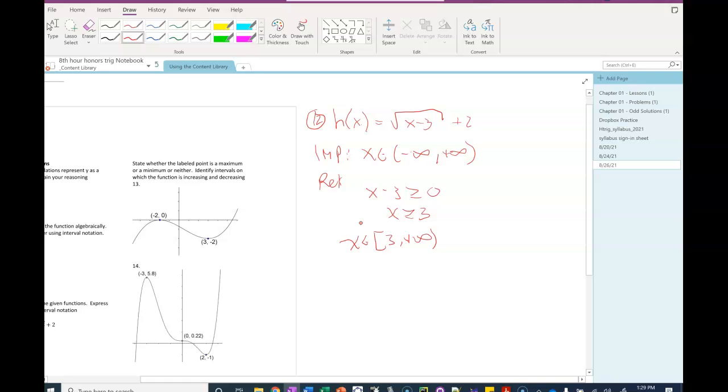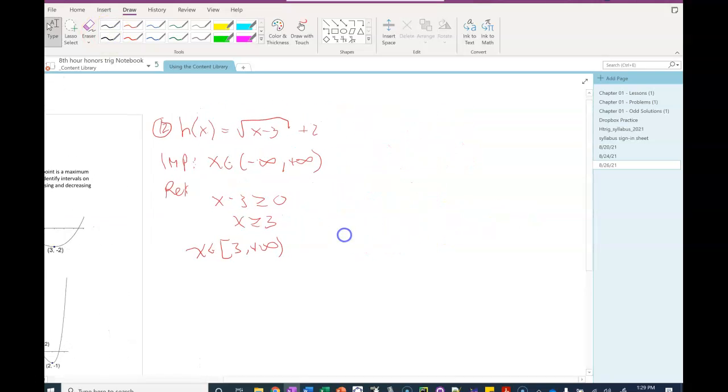Okay there? Next thing I'm going to do is check to see if this function is increasing or decreasing. I should be able to look at the form of this and go, okay, that's just going to be a square root function with a positive coefficient, so it's increasing. If you weren't able to do that, that's okay. Just type it in your calculator and look at the picture.